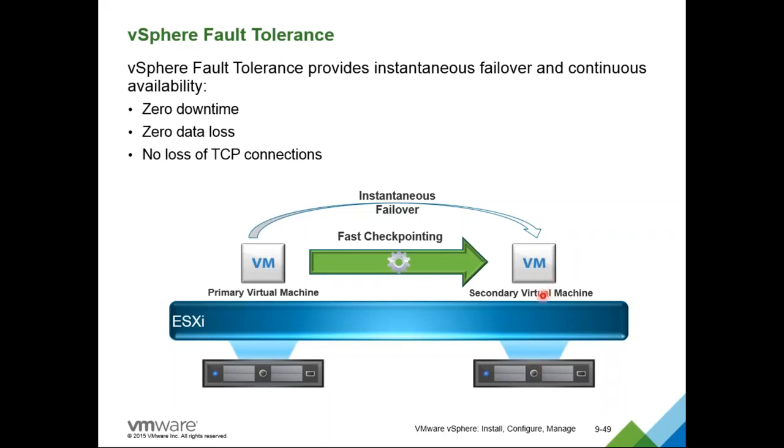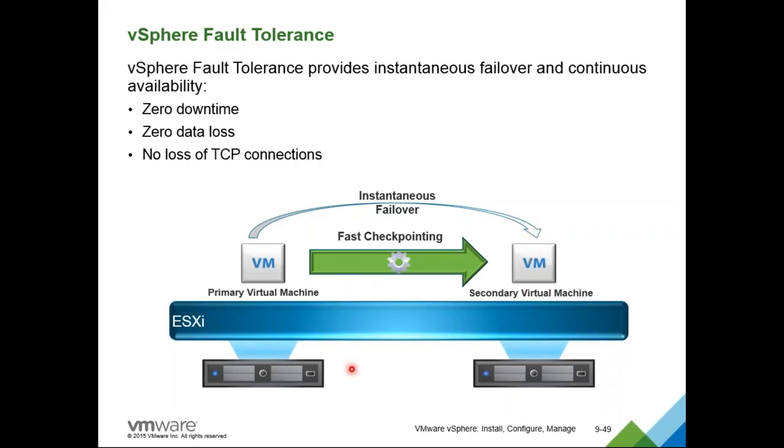That's called the secondary virtual machine. Whatever data is updated on your primary virtual machine, the same data will be updated on your secondary virtual machine. But the secondary virtual machine will be in a suspended state.